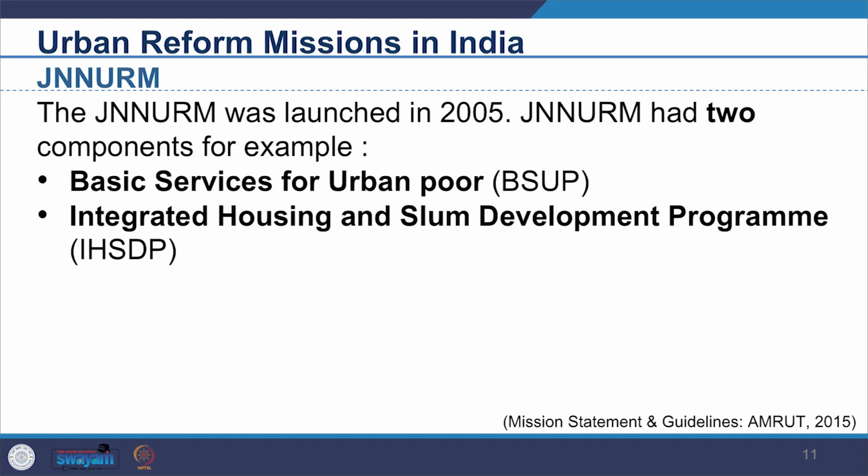For example, basic services for urban poor, abbreviated as BSUP, and Integrated Housing and Slum Development Program, IHSDP, which aimed at integrated development of slums through projects for providing shelter, basic services and other related civic amenities with a view to providing utilities to the urban poor.